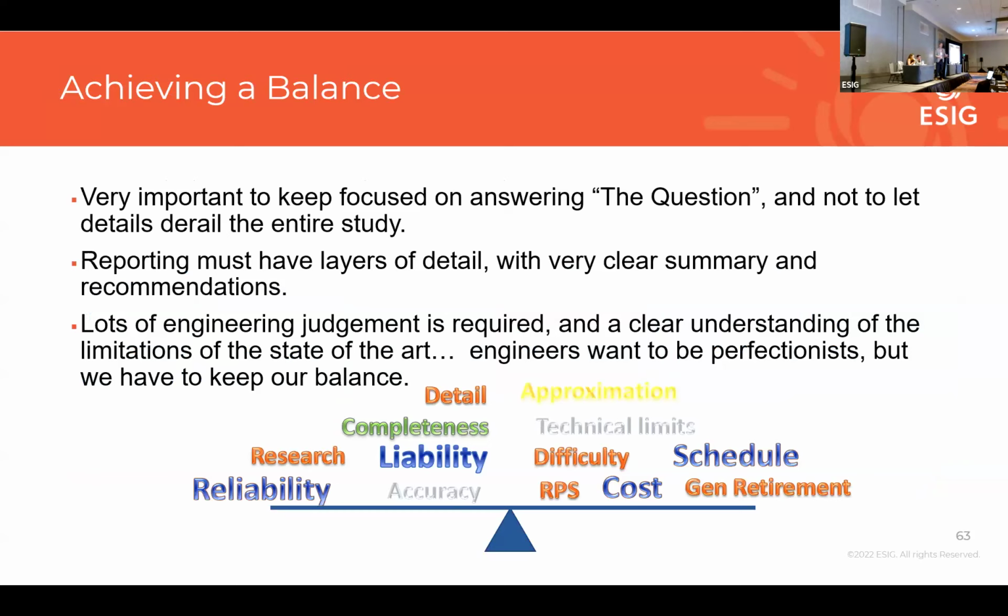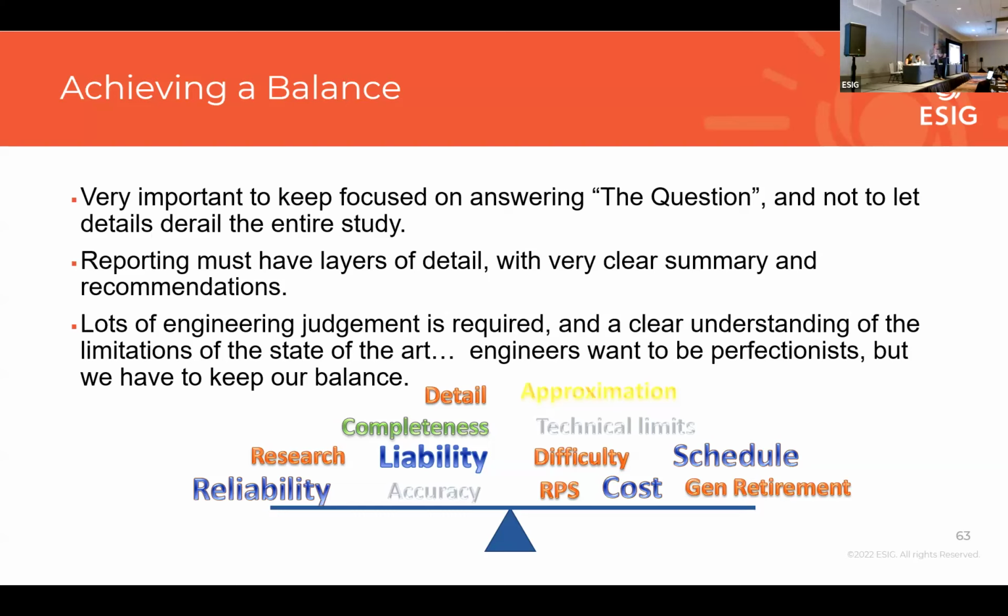Just to wrap up, and as we transition to the Q&A, a lot of this is about achieving a balance and understanding what you're asking for, what the core question is, and making a lot of trade-offs here. If there was any no-compromise option, it would have already been done, right?